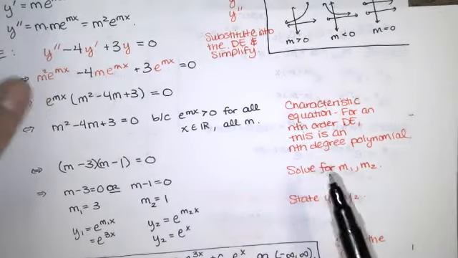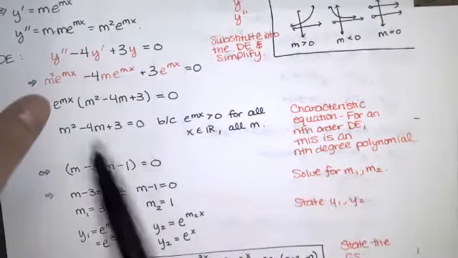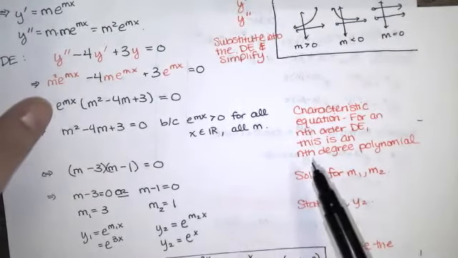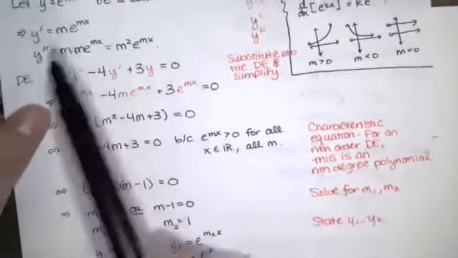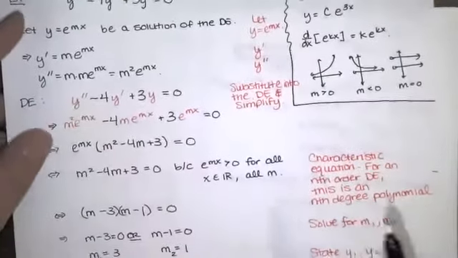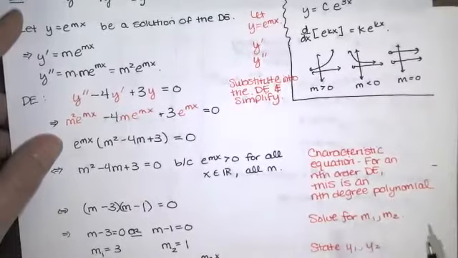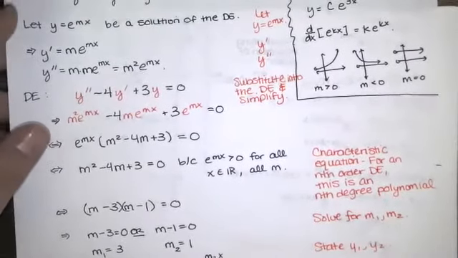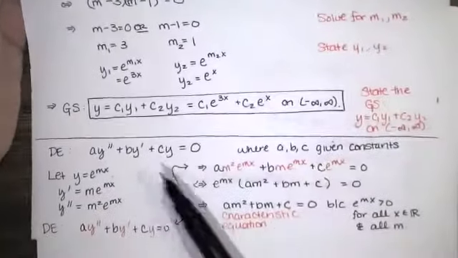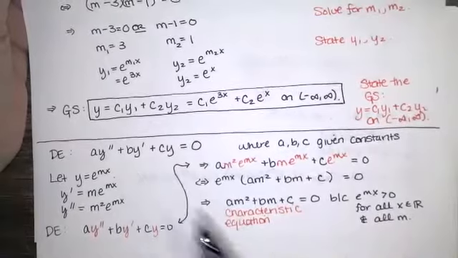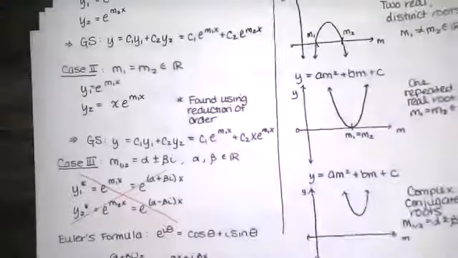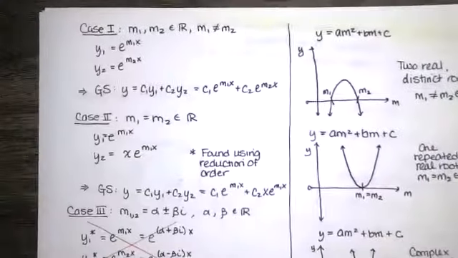If it's a fifth order differential equation, you'll have a fifth degree polynomial, and you'll have 5 solutions. If it's a 10th order differential equation, then you would have a 10th degree polynomial, and you'd have to solve for m sub 1 through m sub 10. And we'll talk about the form of the general solution later. But now we know how to solve and handle a second order constant coefficient equation using all of these guidelines here.